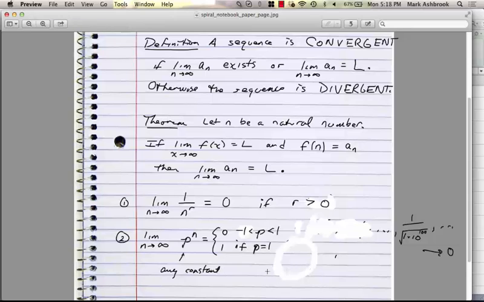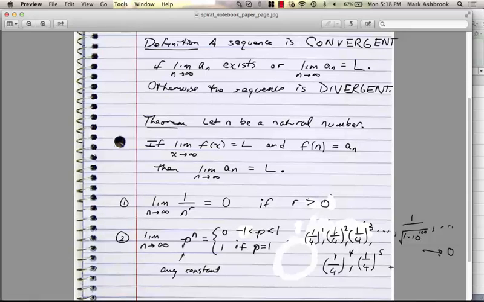Okay, so if that constant is between -1 and 1, like 0.2, or say 1/4. So we're saying 1/4 to the 1, 1/4 squared. This is the sequence. 1/4 cubed, 1/4 to the 4th, etc. So we're going to keep going.